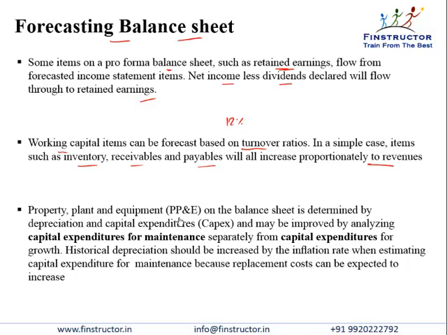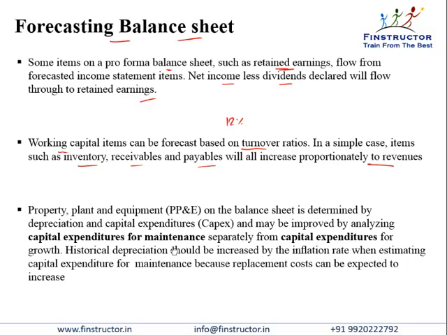Property, plant and equipment is determined by depreciation and capital expenditures. So if my plant is depreciating, then I know that I have to replenish to maintain my level of sales. So if I want to continue to have the same sales, or I want to continue to grow my sales, then I will need capital expenditures as my plants wear and tear, and as I need more capacity to grow more.